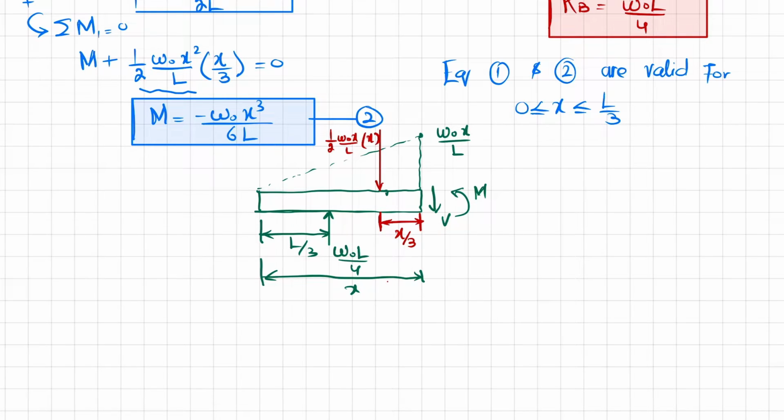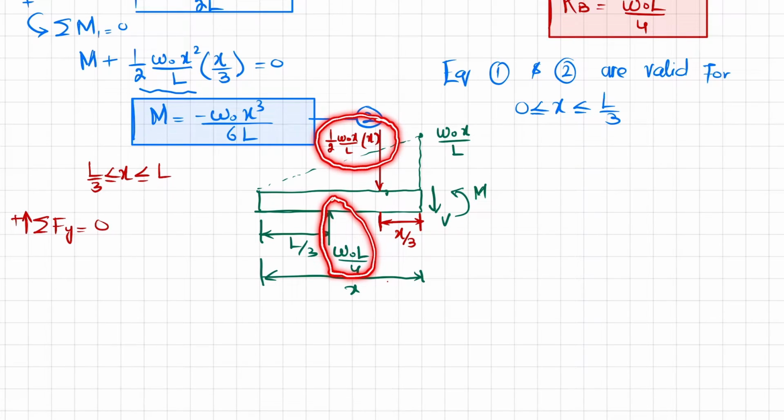Okay, and this is for the region X greater than or equal to L by 3 and less than or equal to L. So we will first find the shear force using this equation. You can see here we have one shear force that is minus, the other one plus, and the vertical forces are minus this, plus this W naught L over 4. Their sum must be equal to 0.